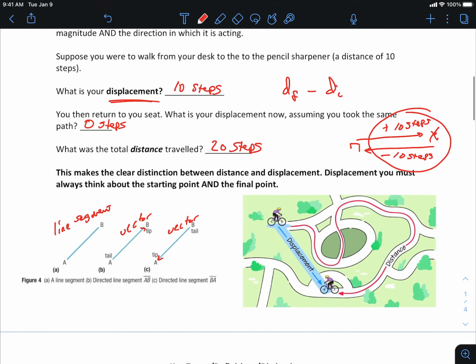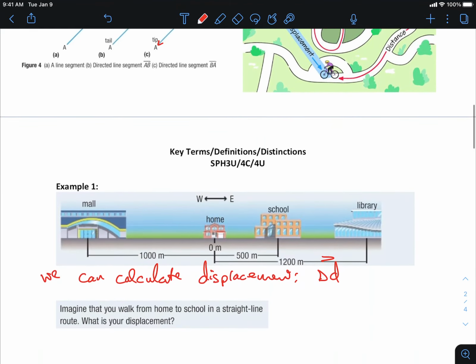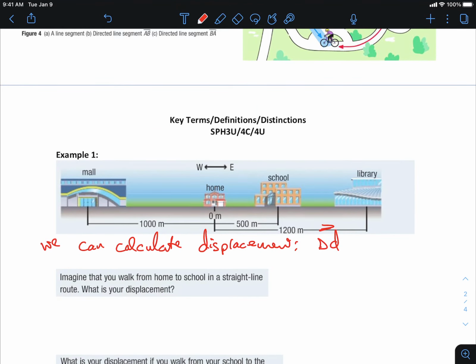You guys should have seen somewhere in your path mathematically, whenever you're finding the difference between a final and initial, we would have called this delta D. Delta stands for difference. Okay, and that's where this is coming from here. It's a change in displacement, right? Or displacement is the change in D final minus D initial.